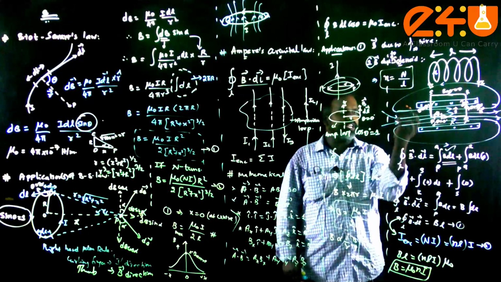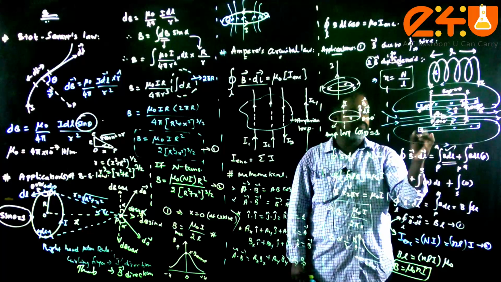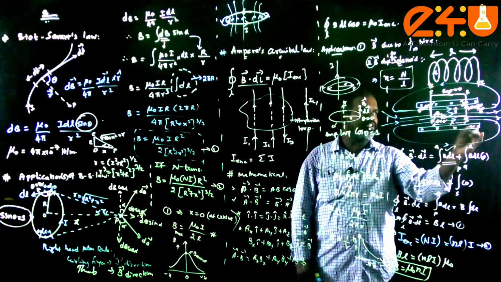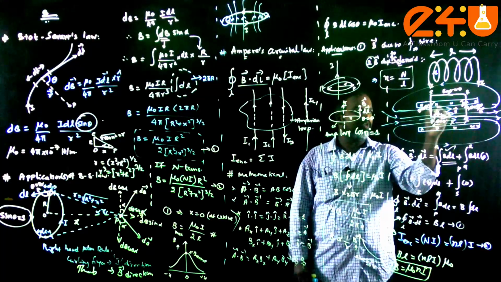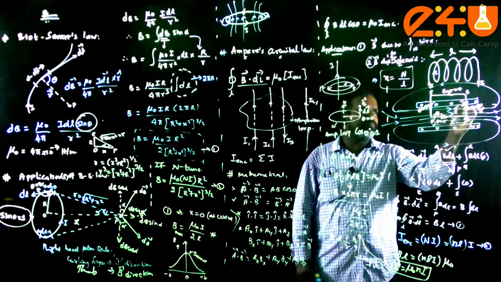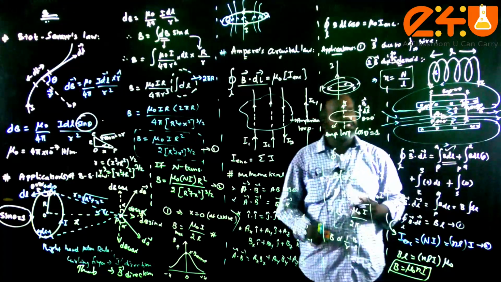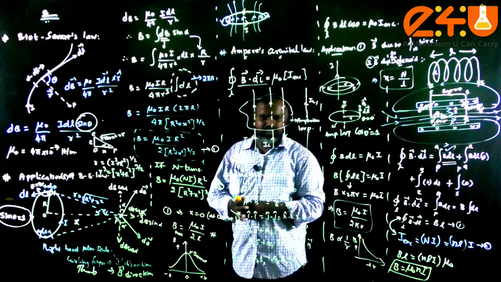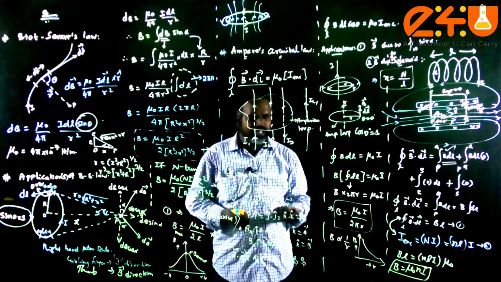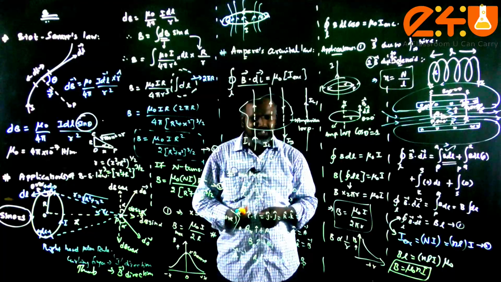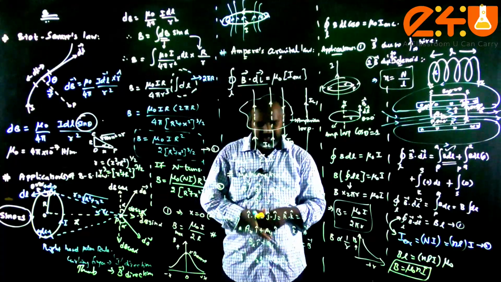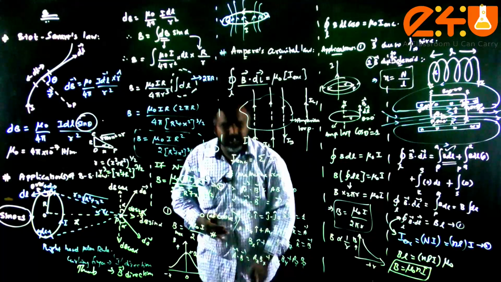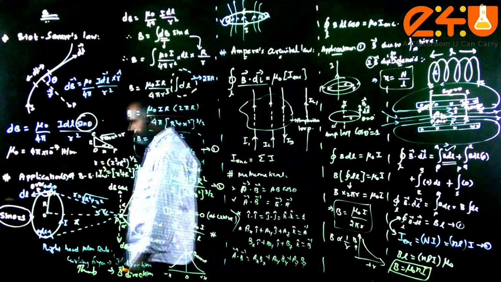According to the right hand palm rule, this will be inward and this will be outward. So please be careful with the applications of your Ampere's circuital law as well as the right hand palm rule to find the direction of the magnetic field. Students, please kindly note down the notes.